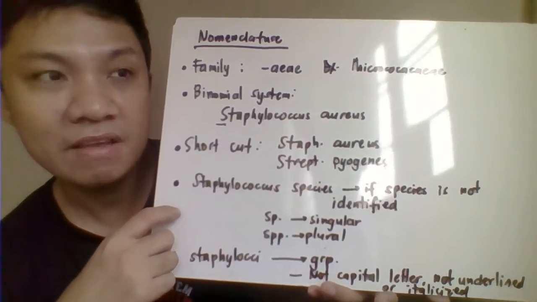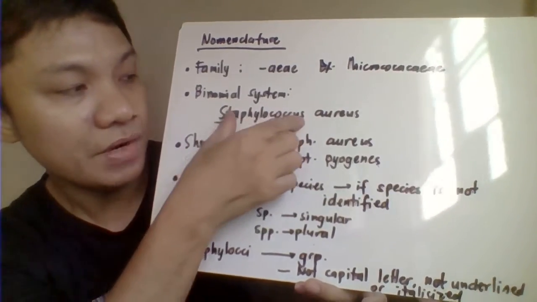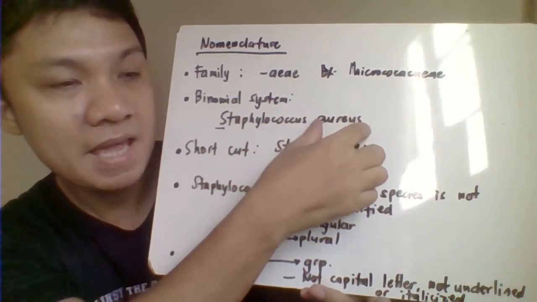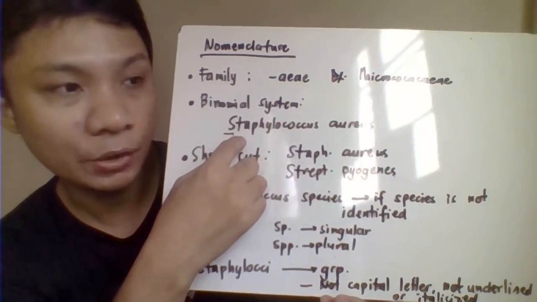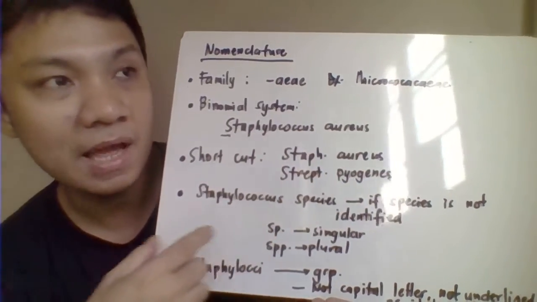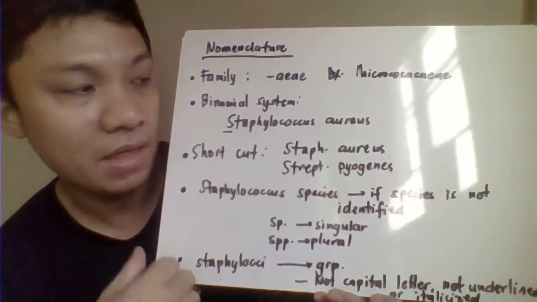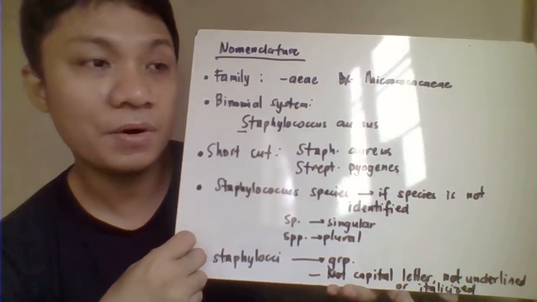The method of giving scientific names is a binomial system. The first name is your genus. The second name is the species. The genus starts with a capital letter and all the rest are small letters, including your species or epithet. When you're writing that, you need to italicize or underline.